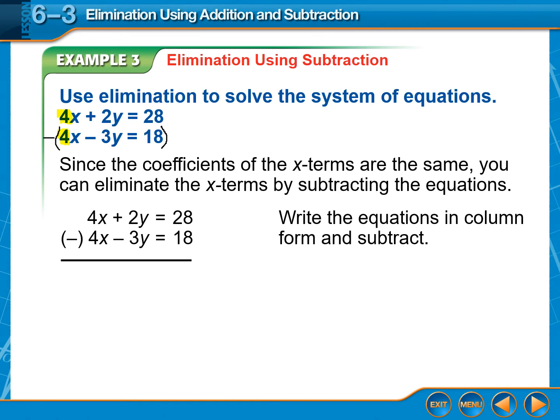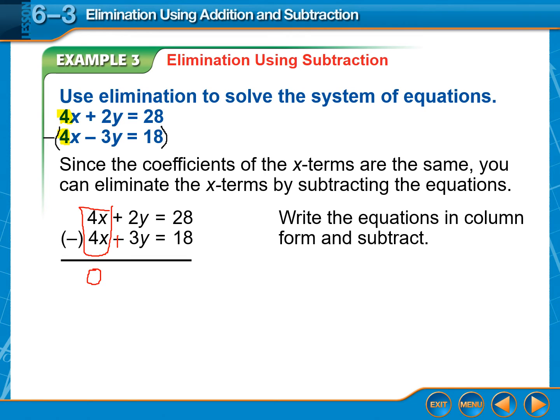So if we're subtracting 4x minus 3y and 18, when I do 4x minus 4x, I'm left with 0, because I'm subtracting it. But what happens when I do 2y minus negative 3y? This negative 3y becomes a positive.